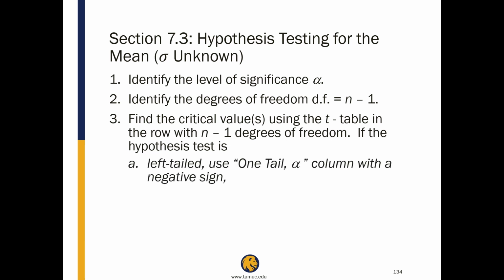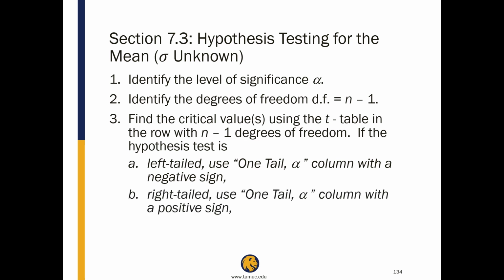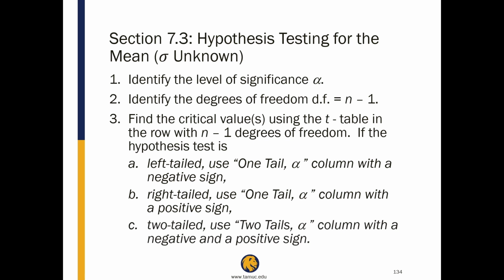If the hypothesis test is left-tailed, we'll use the one-tail alpha column with a negative sign. If it's right-tailed, we're going to use the one-tail alpha column with a positive sign. If it's two-tailed, we're going to use the two-tails alpha column with a negative and a positive sign.